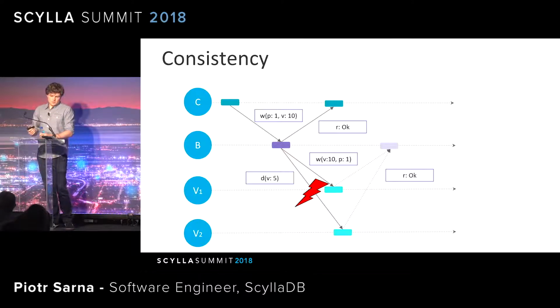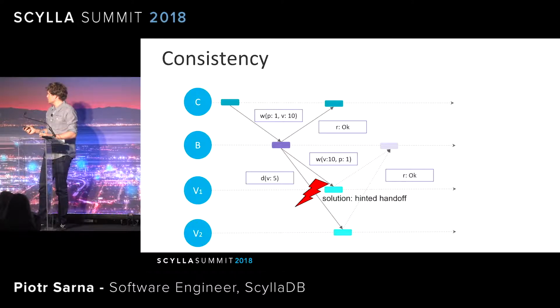And also, there's no way to go back to the coordinator and say, hey, actually one of the view replica writes failed, because it's in the background. The coordinator is already busy with something else. And finally, we don't really want the coordinator to know that something is wrong, because we already acknowledged that the base write succeeded. So what we do is hinted handoff.